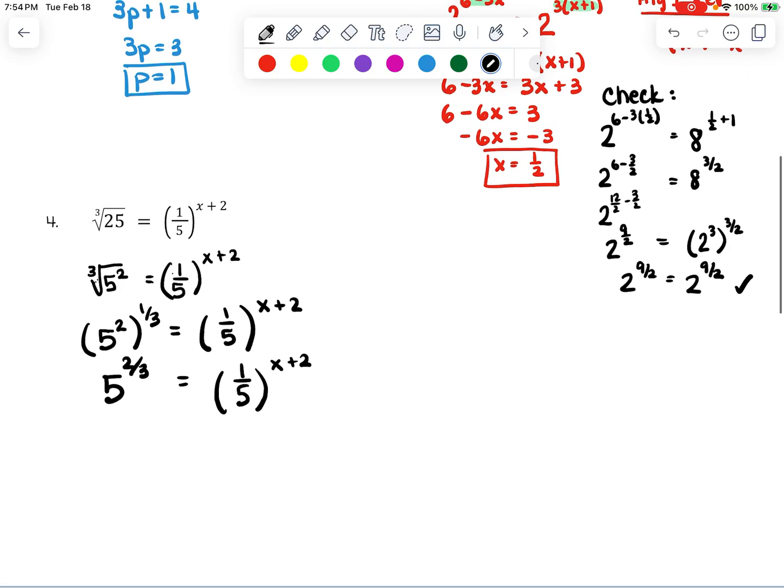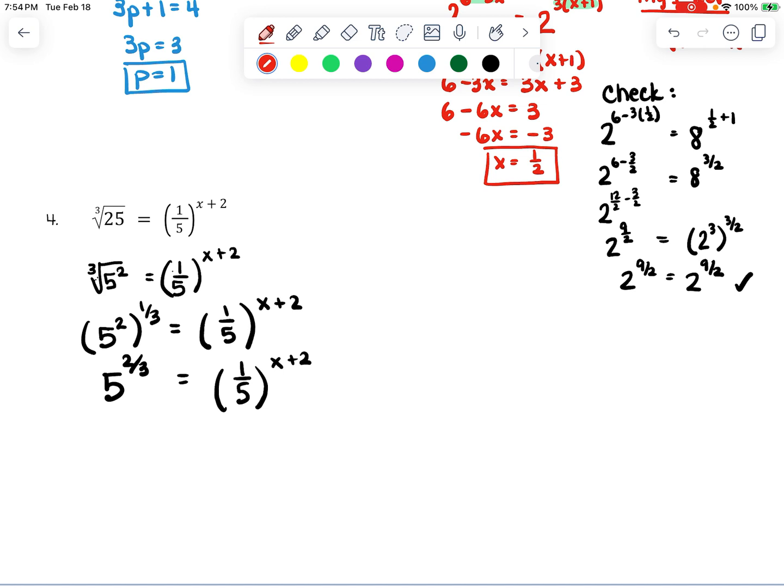So I don't have the same bases, but what I can do is rewrite this guy. 1/5 is the same as 5 to the -1. I can bring that 5 upstairs to the numerator, and then I have x plus 2, and here I have 5 to the 2/3. And then I'll simplify one more time.